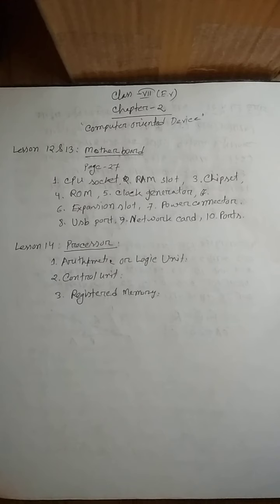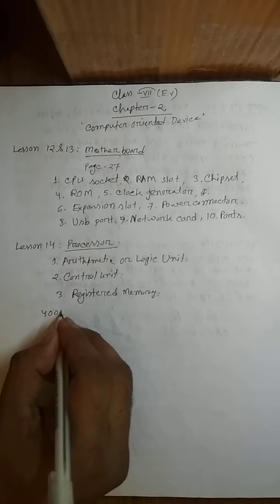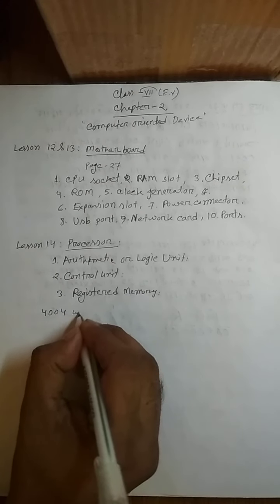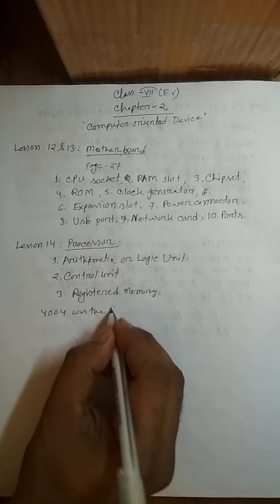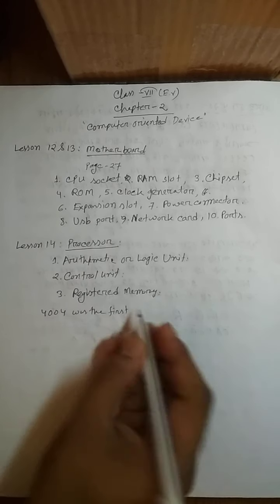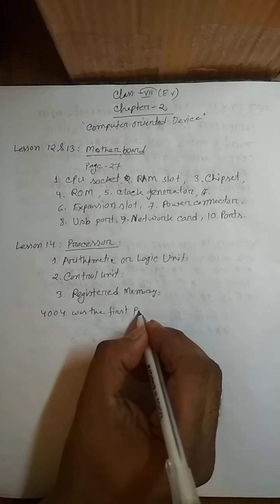You have already known that the working capacity of the processor has increased gradually after its invention. In the 4004 microprocessor, the number of transistors was only 2,300. 4004 was the first microprocessor.